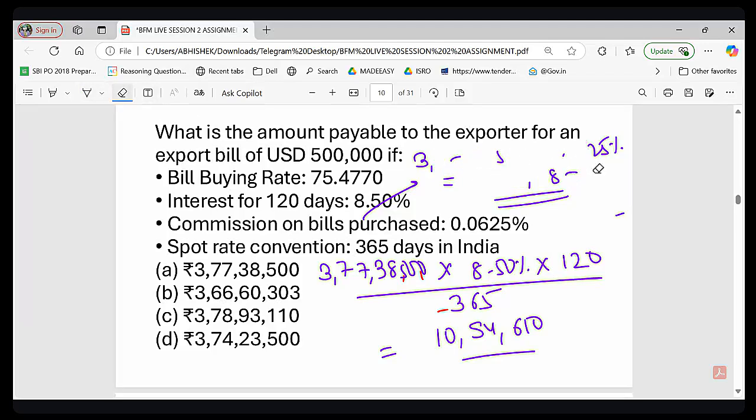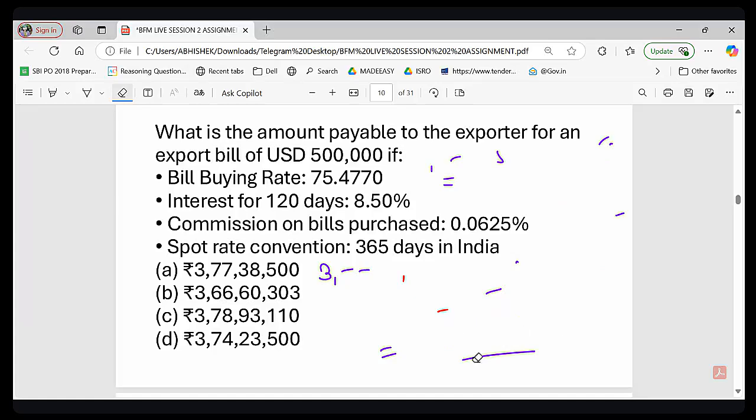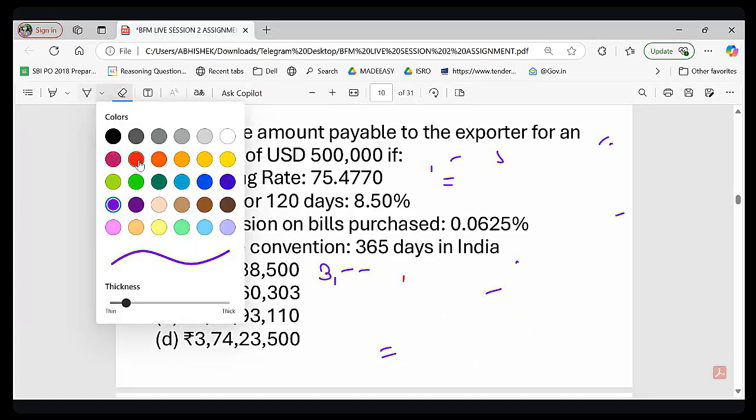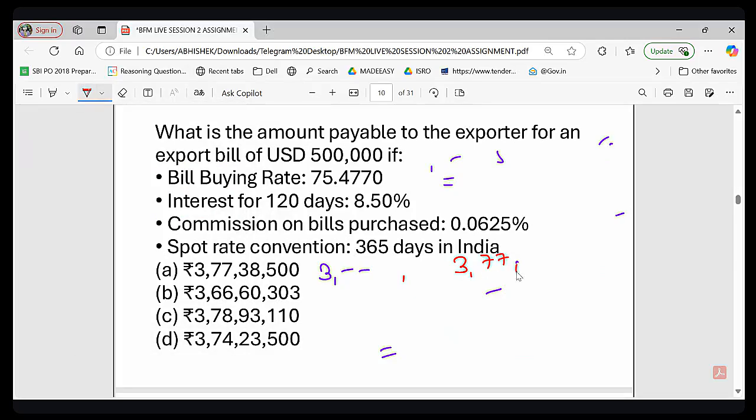Let's do the final calculation. First of all, start with the basic amount. What is the basic amount? 3 crore 77 lakh 38,500, right?